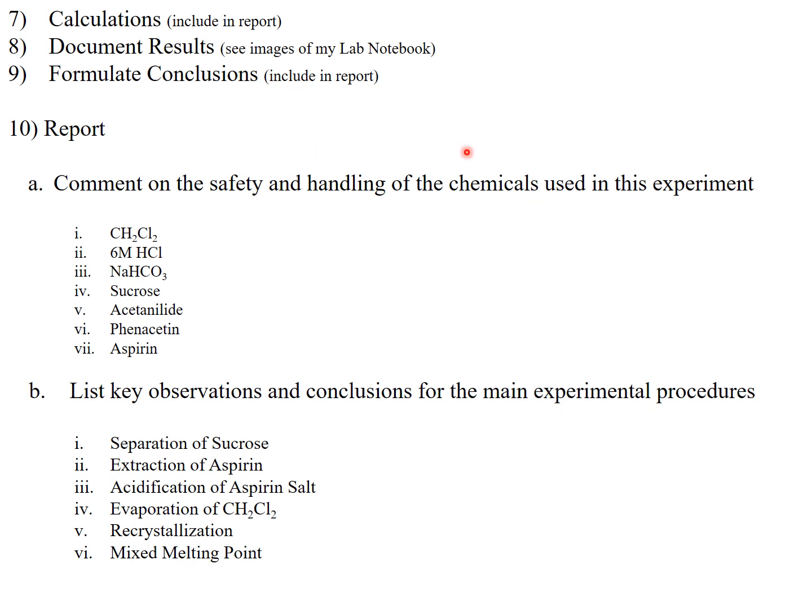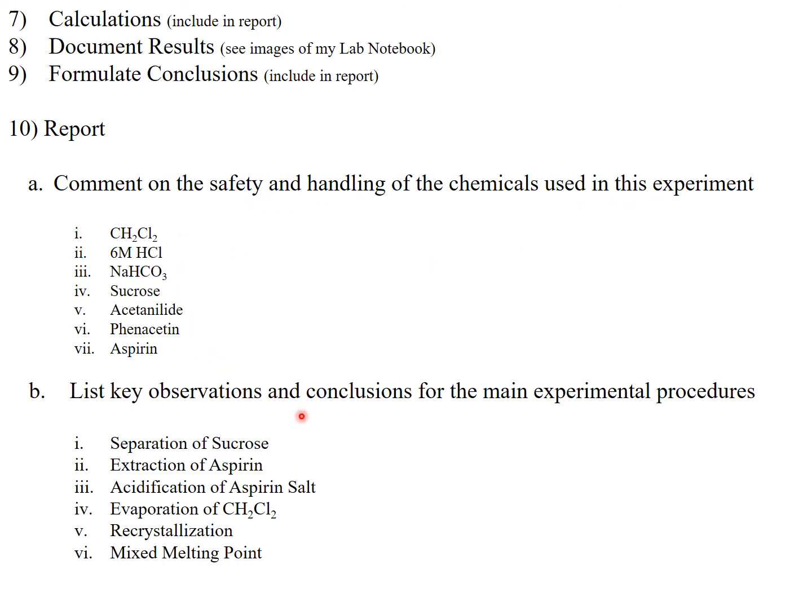Okay. So, calculations, number 7. We're going to include our calculations in the report. The document results, you can just look at my notebook pages that will be in the video, and formulate conclusions. Those are also going to be in the report. So here's what's required for your report. You need to comment on the safety and handling of the chemicals used in this experiment. There are 7 of them.